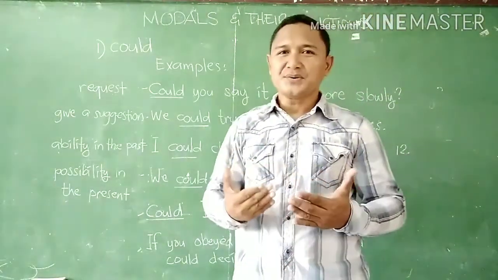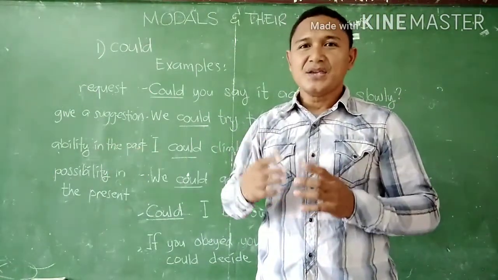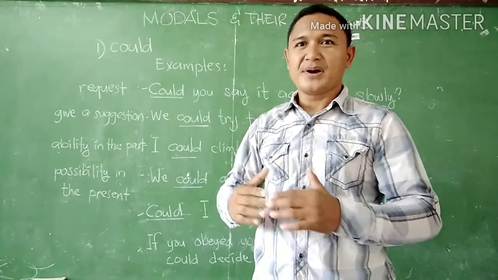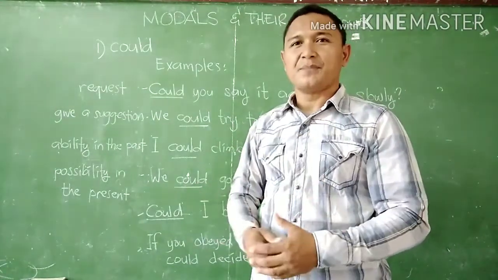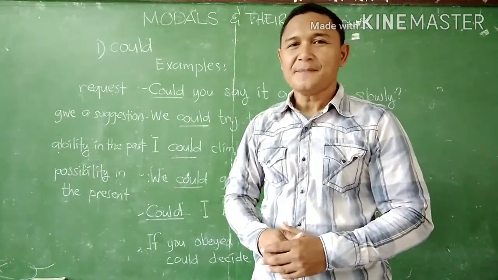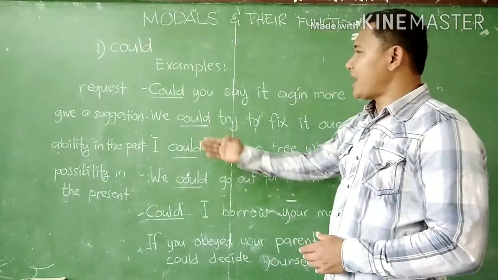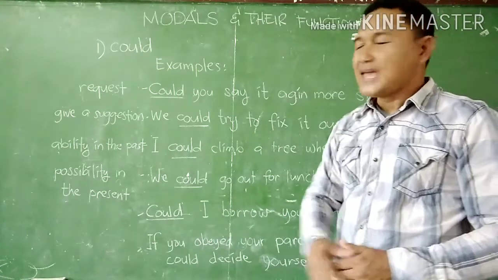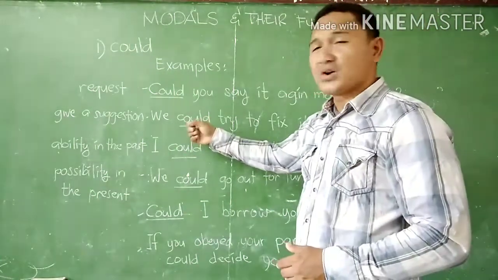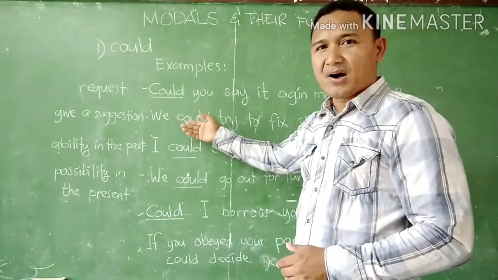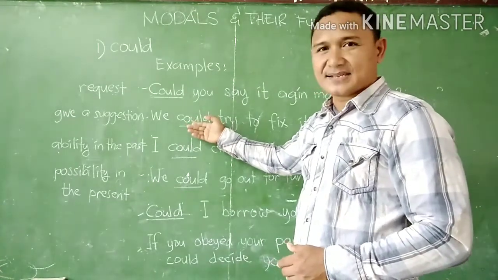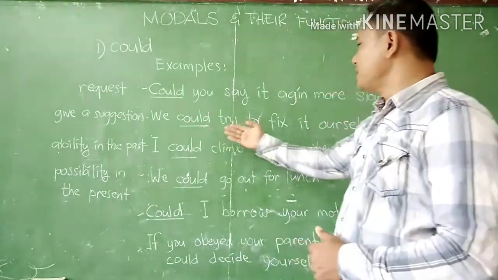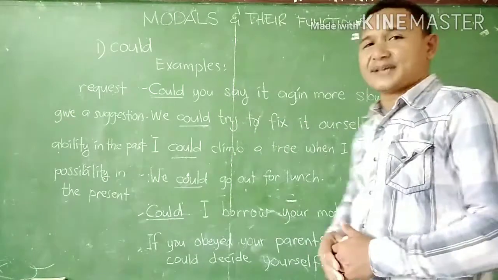So when you're going to make a request to somebody, use could because it shows politeness. Okay? The next one, we could try to fix it ourselves. In this sentence, could is underlined because it gives a suggestion. We could try to fix it ourselves.